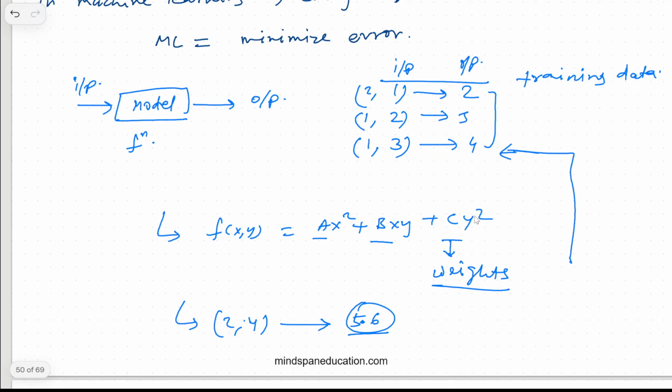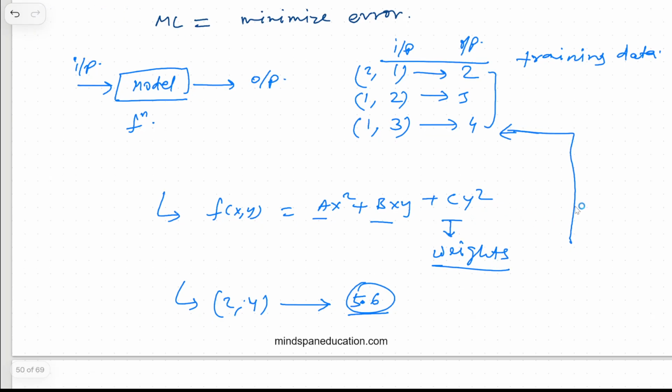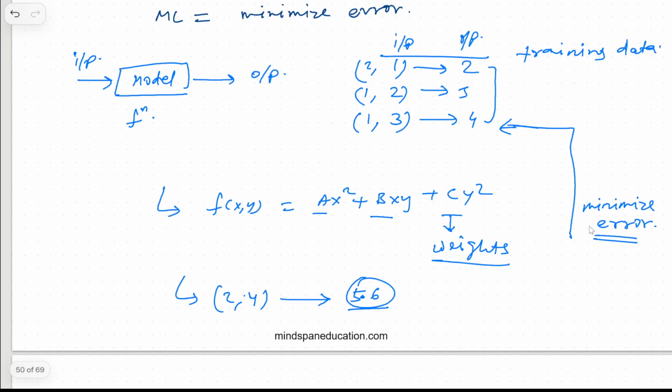So what we try here is to minimize error. Error means how much we are deviating from the actual output. Suppose the actual output is supposed to be 6.